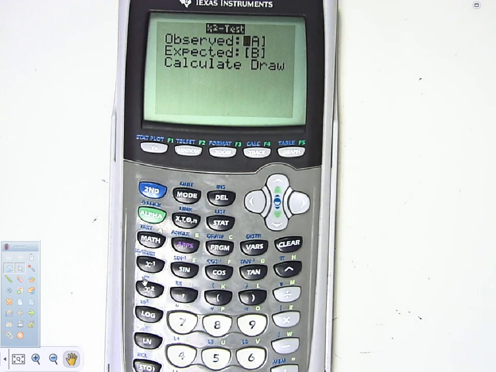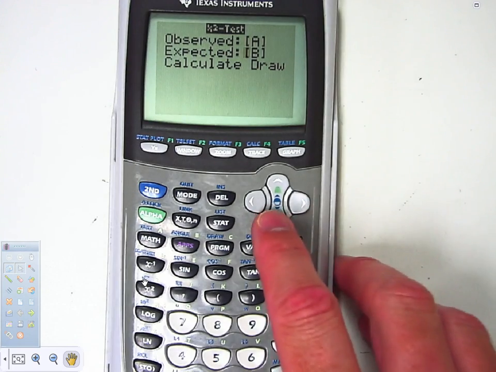That's what I meant before by we don't necessarily have to do row total times column total divided by table total for every cell. We can let the calculator run the test and then look at matrix B, and that will be your expected counts.